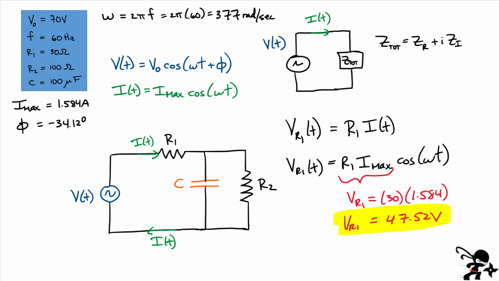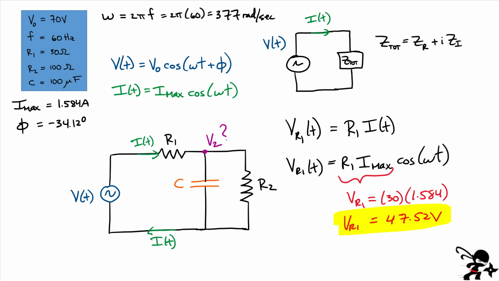All right, the next step, which is going to be really important, is we need to find the value of the voltage right here at this point. I'm going to call this V2. If I know this value, I know it has to be the same voltage across the capacitor as across the resistor R2 because they are in parallel with each other.